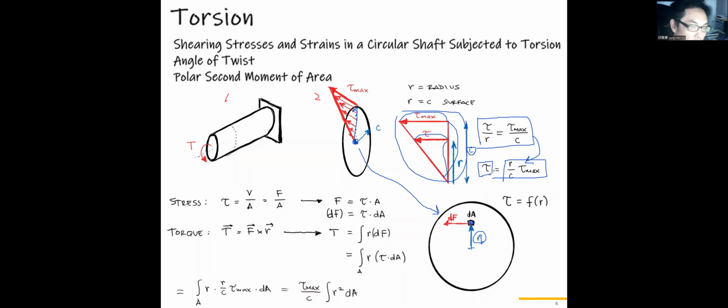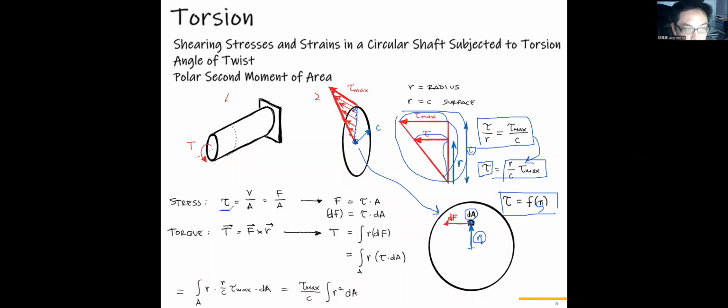Therefore, the shear stress at a specific location is a function of the radius. Then, if we focus on the small area at distance r from the center, the shear stress equals force divided by area.